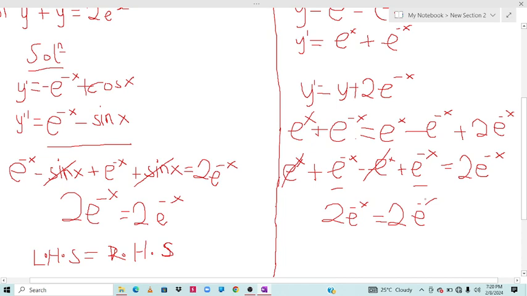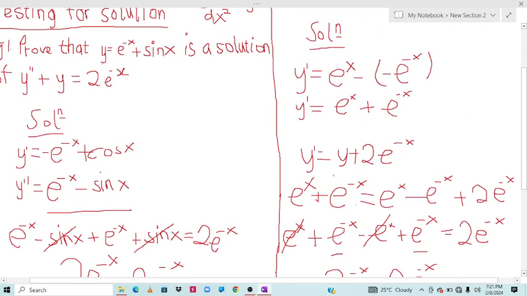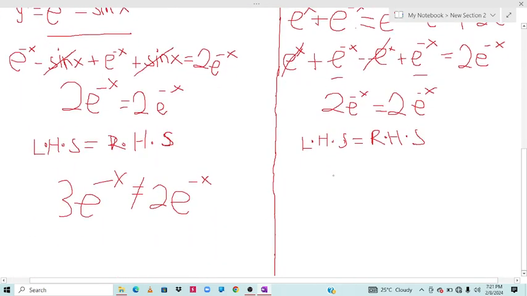You can see here too that our left hand side is equal to our right hand side. Since our left hand side is equal to our right hand side, we can conclude that y indeed is a solution to our differential equation.